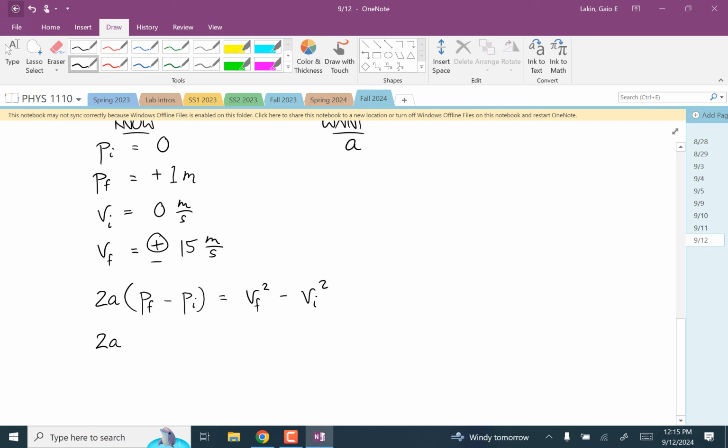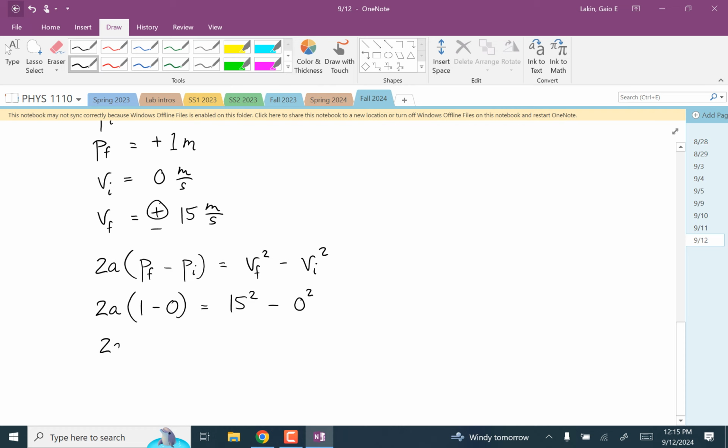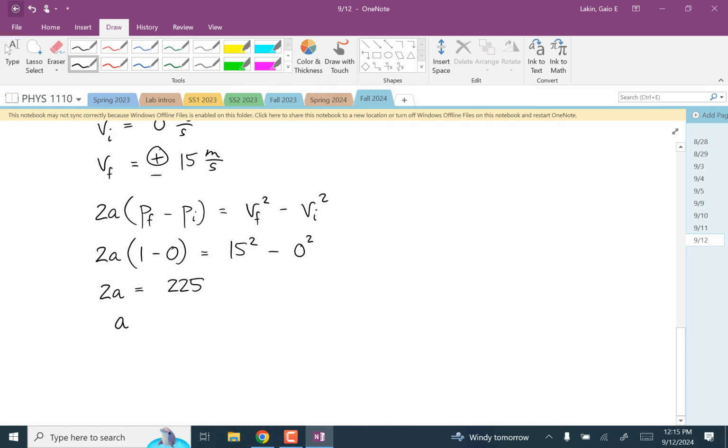And so 2A times 1 minus 0 is equal to 15 squared minus 0 squared. So 2A is equal to 225. And so A is equal to 112.5 meters per second squared.